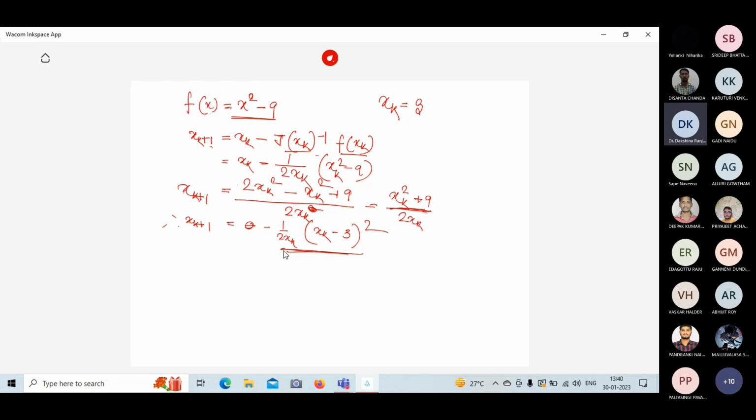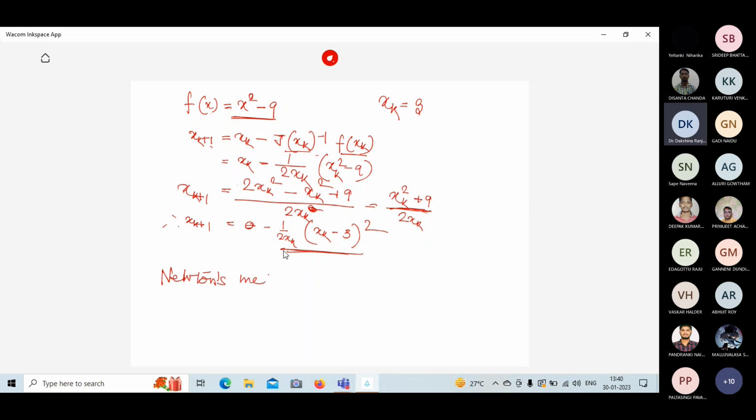If we further want to check what the error of this function will be at xk equals 3, we can get the error in square form, which is nothing but Newton's method.